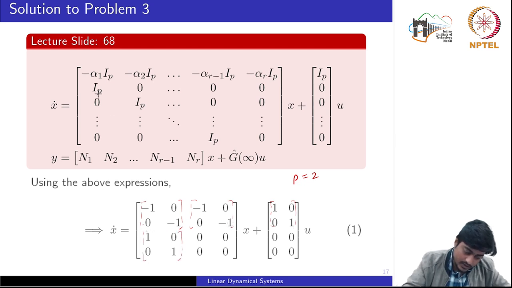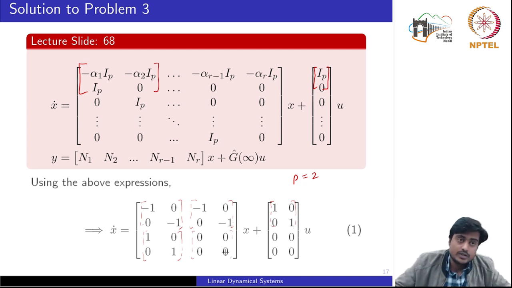This one is this IP matrix, because p being equal to 2, we will have only this part. And this one is a block matrix, a 0 block matrix of dimension 2.